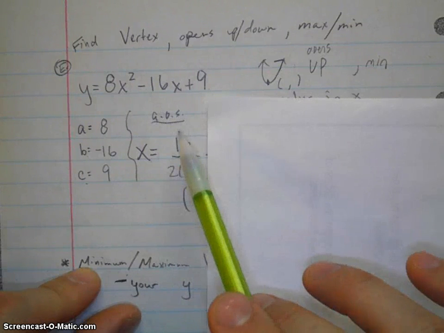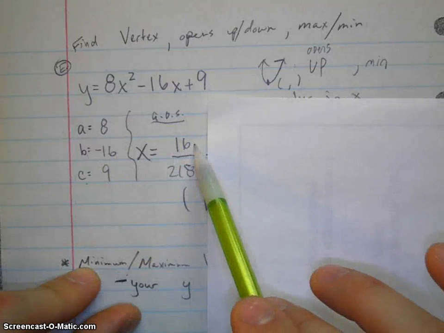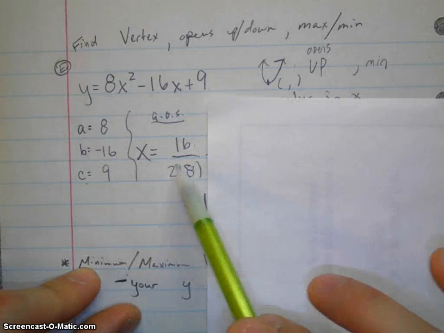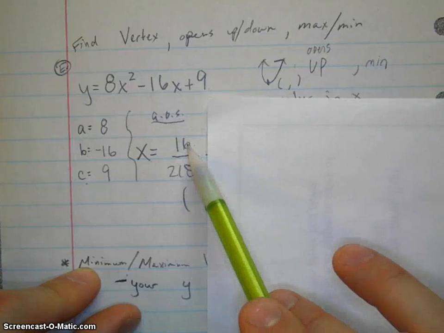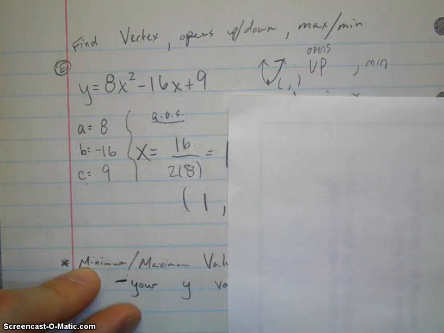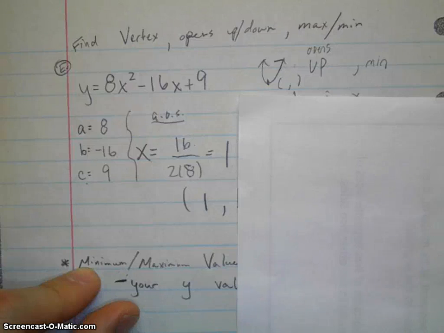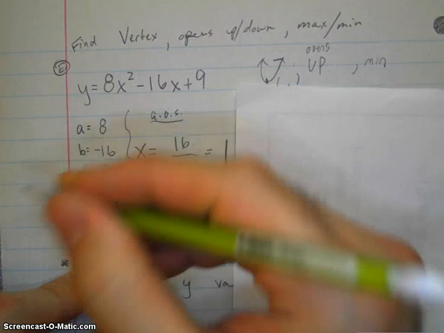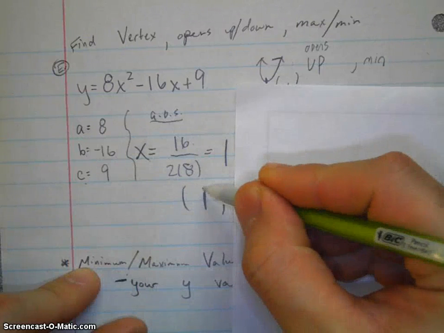So the opposite of b is 16 over 2 times a. 16 divided by 16 is 1. So for my vertex, my x value is 1.